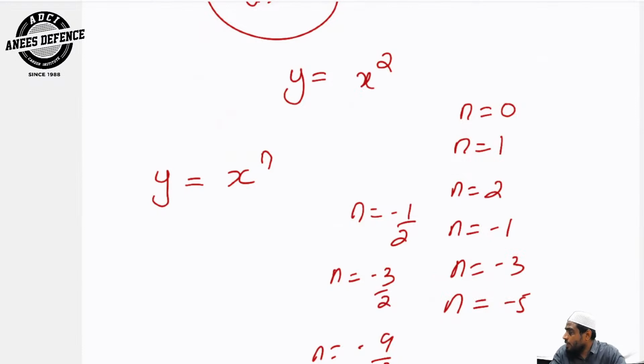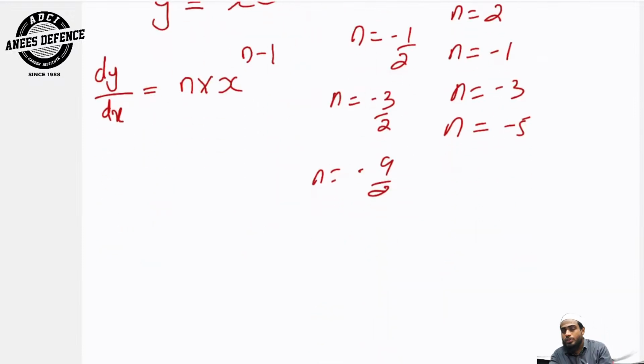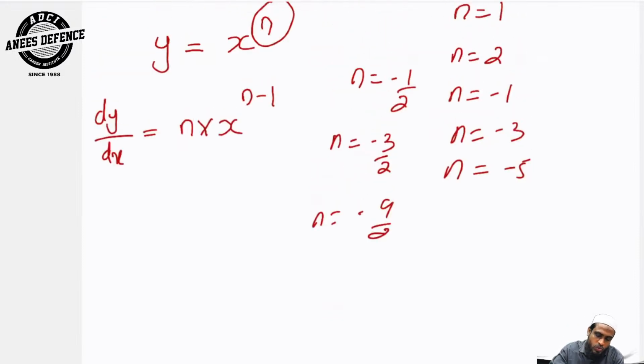Some real number. If y equal to x raised to n, then dy by dx is equal to n into x raised to n minus 1. Understood?